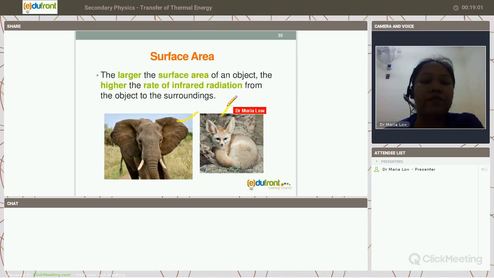The fennec fox lives in the desert where it is very hot. The elephants live in the savannas where it is very hot and dry. So in order to cool themselves down, they have huge ears. Having a large surface area allows the rate of infrared radiation to increase, therefore cooling down their body easily.